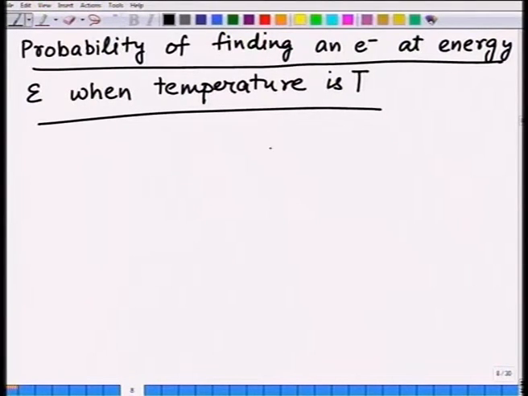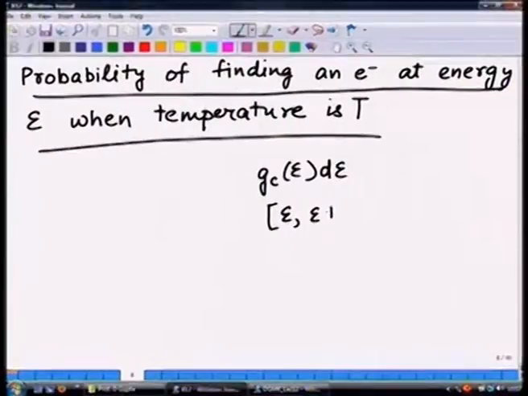On the side you can see that if G_C(E) dE is the number of electron states in conduction band in energy range E and E plus dE, then if I multiply this by the probability of occupation of these states, I will get the actual number of electrons in energy range E and E plus dE.